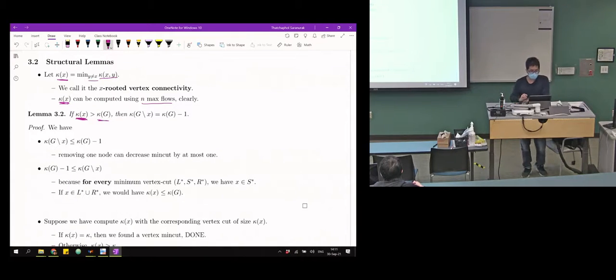Then I will claim that kappa of G minus x is just kappa minus 1. Let's prove this. For the first direction, if you delete just one node, you can reduce the size of the min cut by at most 1, right? Oh no, I mean this direction.